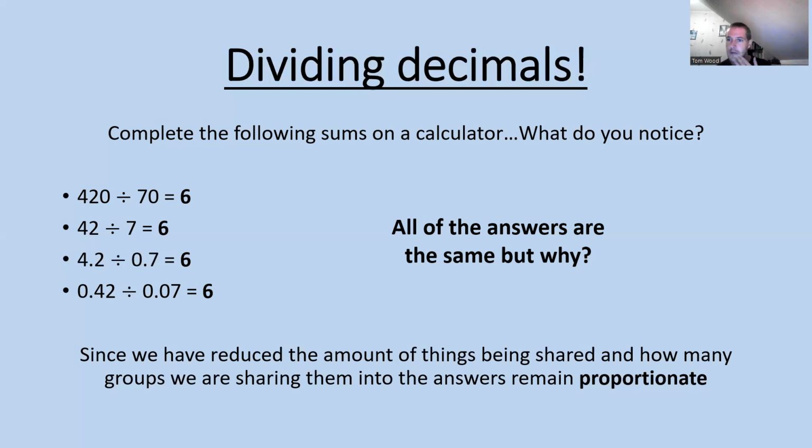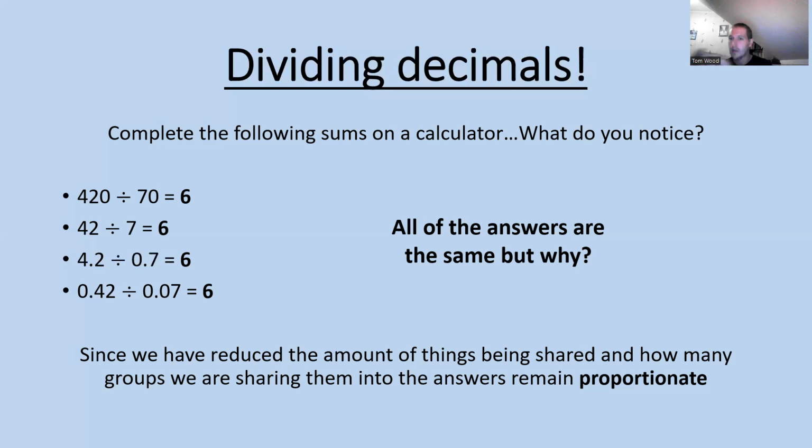This concept is very, very useful when we start looking at fractions. But it's also just to show this kind of proportion. If I've got this many of something and I'm sharing it with this many people, and I reduce how much I'm sharing it, let's say I could halve it as well if I wanted to. 420, if I halved that and I got 210 and I halved the amount of people, I've got half as much of the thing, but I also have half as many people.